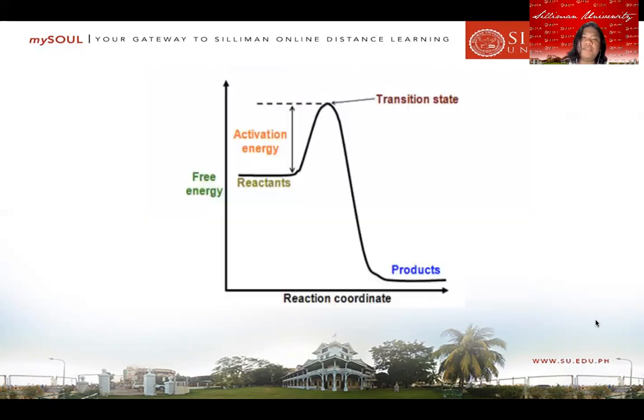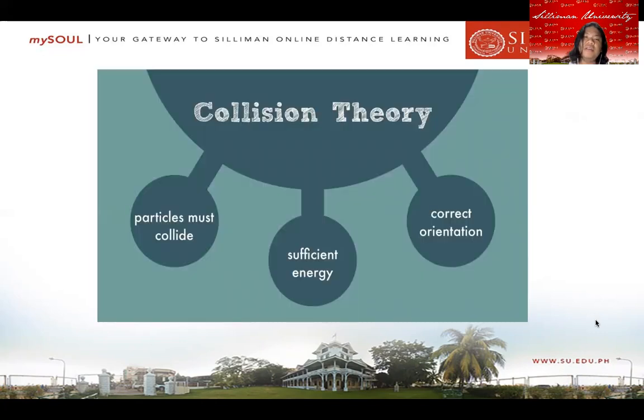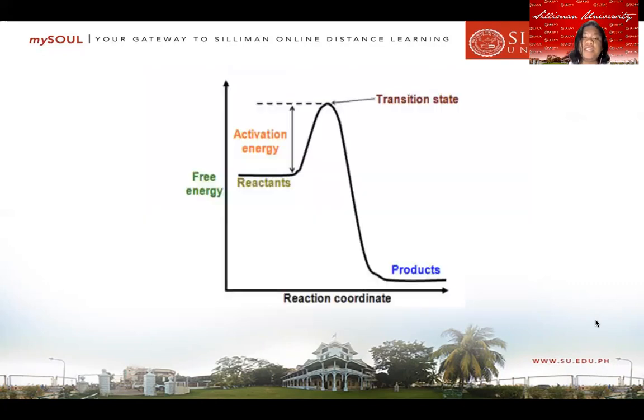Let us discuss first the activation energy. So as mentioned here, for you to have a chemical reaction, there must be sufficient activation energy. This is our graph. The y-axis represents the energy levels, and the x-axis represents the reaction component.